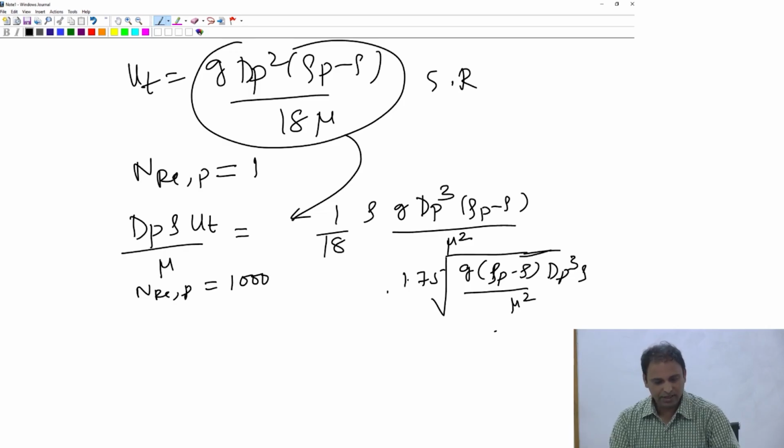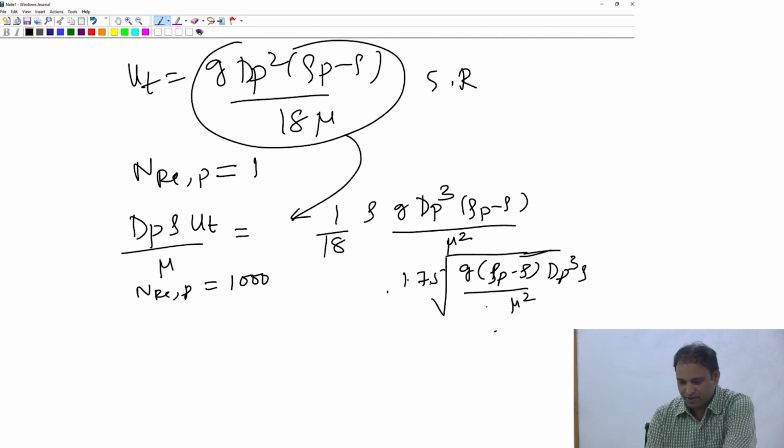So what we did is, dp into rho was in the numerator, so that's going to be rho square here. Can you help me out? So I have 1.75 into square root of g into rho p minus rho into dp divided by rho.